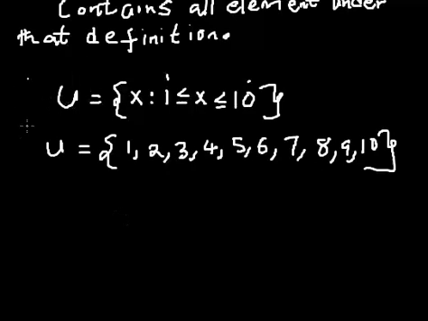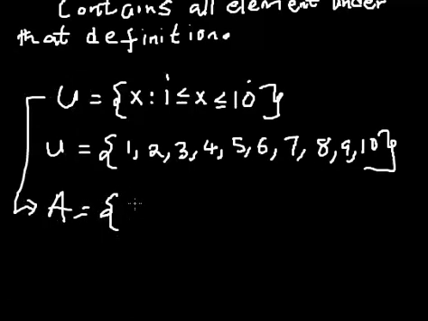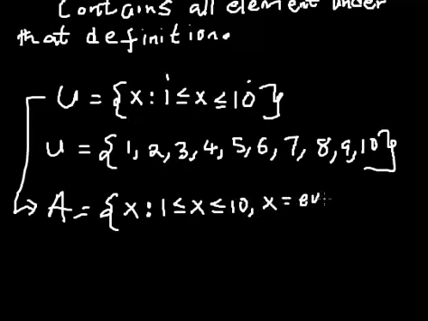Now, the universal set carries everything that might be a subset under it. I can now define another set, set A, using set builder: A has elements X, such that X is still within the same range, but X is an even number.